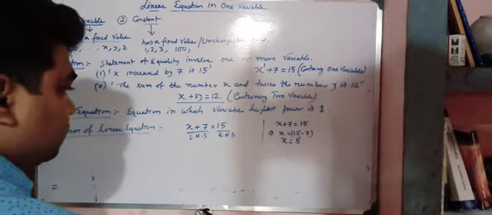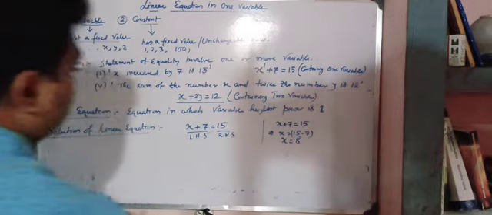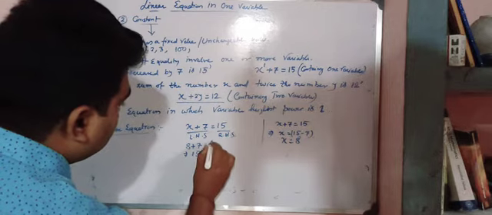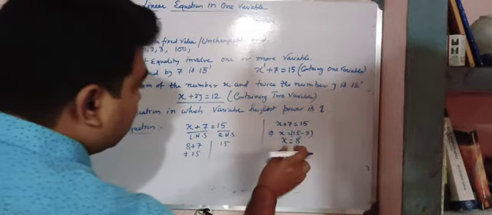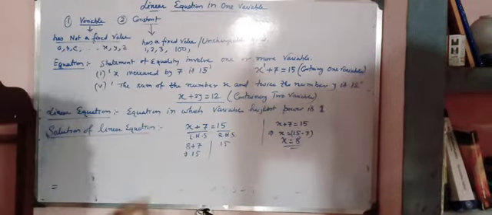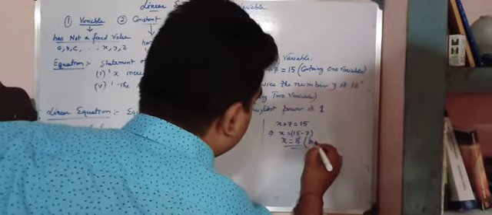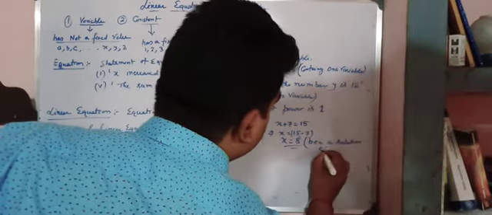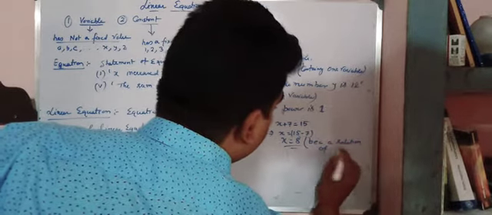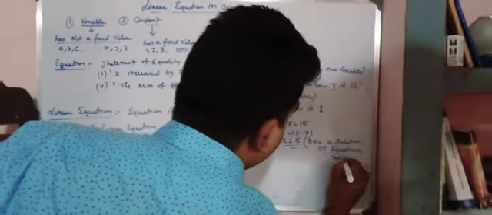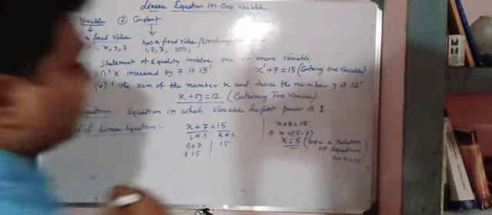Now let us put this value: LHS 8 plus 7 is equal to 15, RHS also 15. So for x equal to 8 we get LHS equal to RHS. So we can say that x equal to 8 is a solution of the equation x plus 7 is equal to 15. Understood?